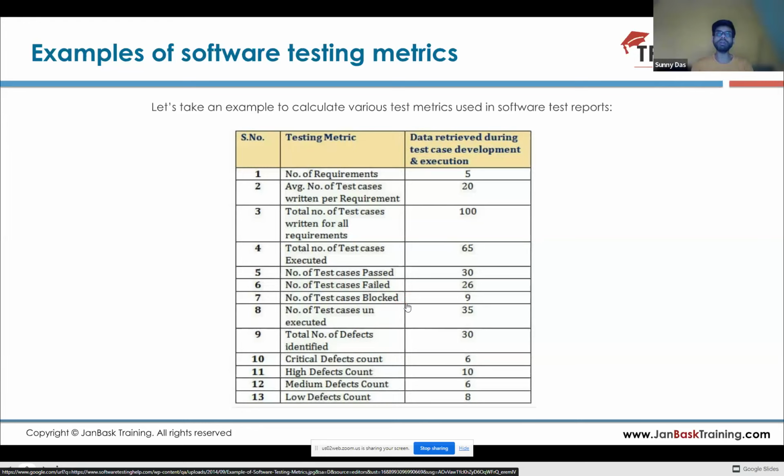What is the meaning of blocked? Suppose you have a failed test case, and for that failed test case you already have a defect, and for that same defect some other test cases are there which you can't execute.